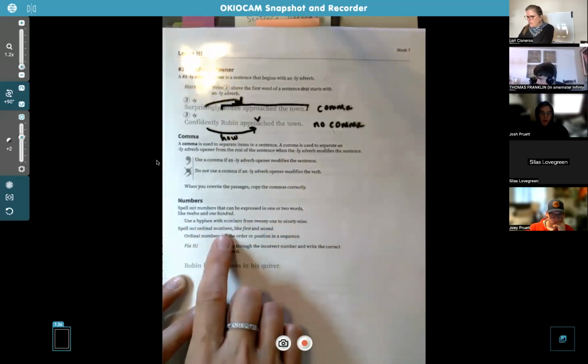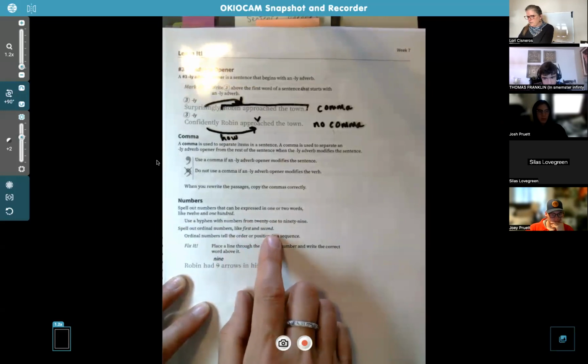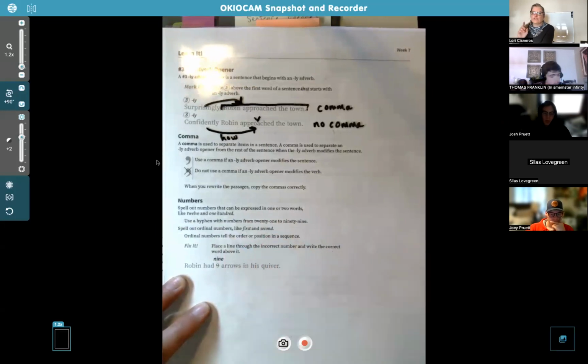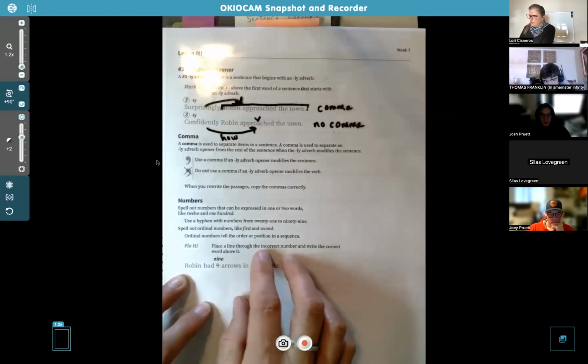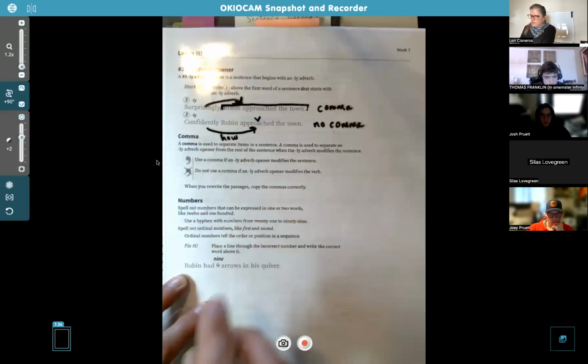Spell out ordinal numbers like first and second. If you have a date, though, you do use numbers, like numeral numbers for that. Like if the date was 1965, you would actually write out 1965. But any of these other rules, like if it's just one word number, like 5 or 10 or whatever, you spell out the word.